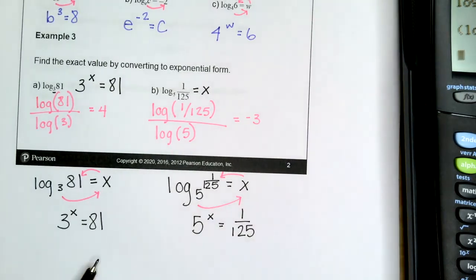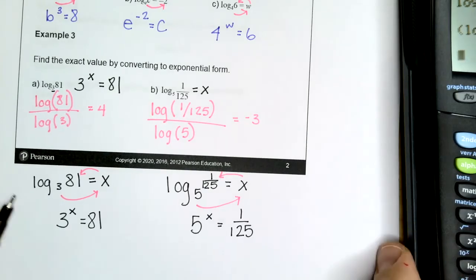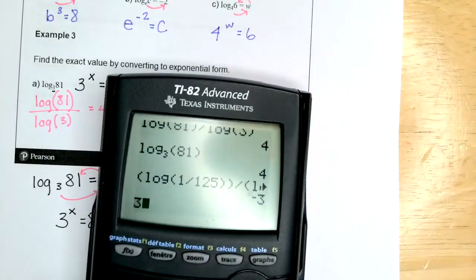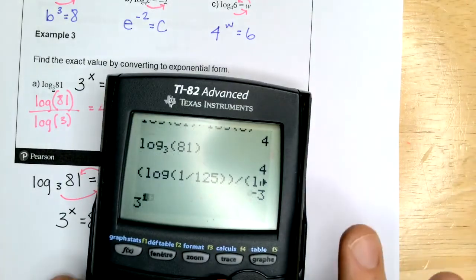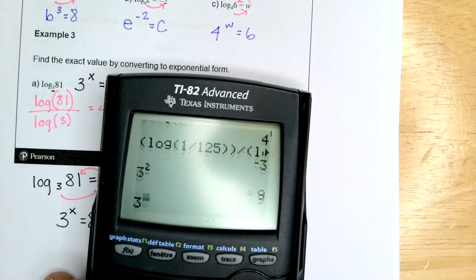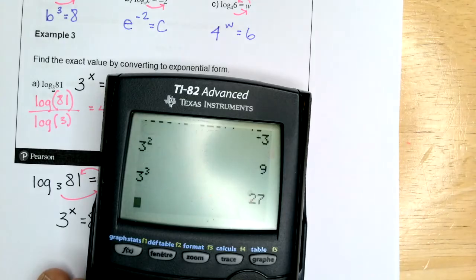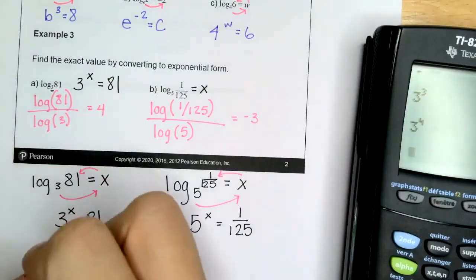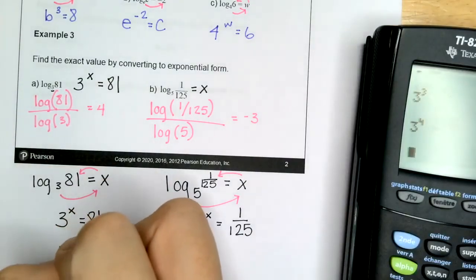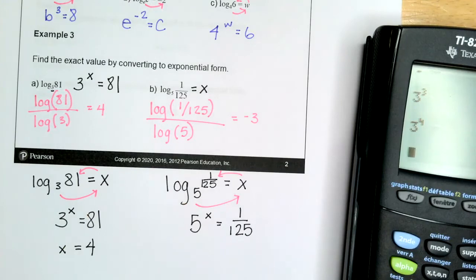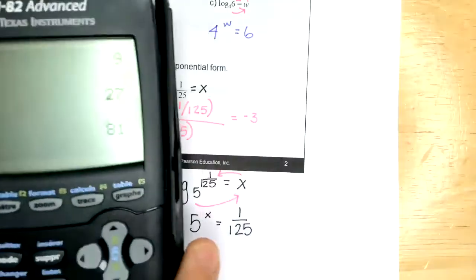Yeah, and then you think, 3 times itself, how many times will give me 81, right? 3 to the second is 9. 3 to the third is 27, 3 to the fourth is 81. So x equals 4. Good. Now 125.